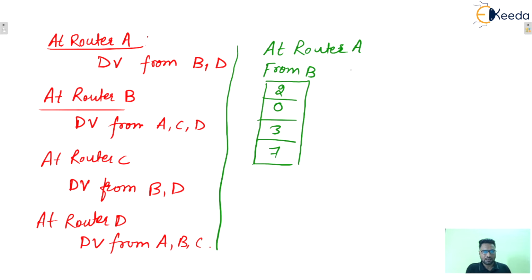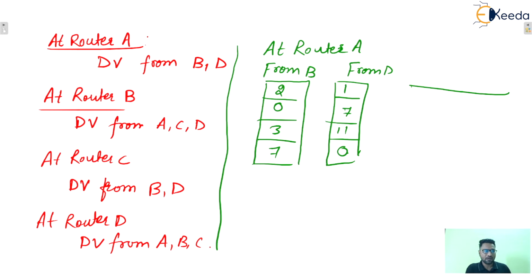And at router A, the distance vector from D will also be received, because D is a neighbor of A. So that is 1, 7, 1, 1 and 0, isn't it? Now we'll see one by one how the routing table of A will be updated. Try to listen to me correctly.